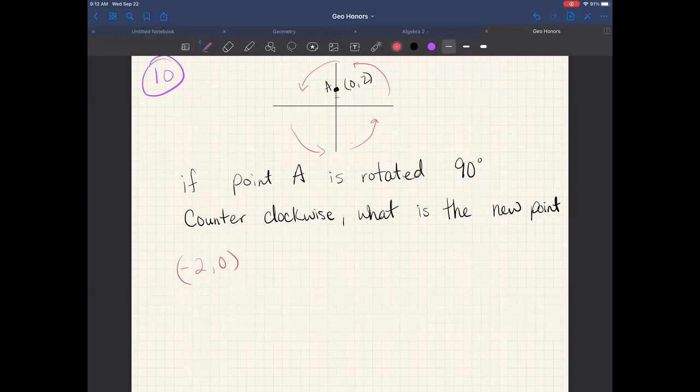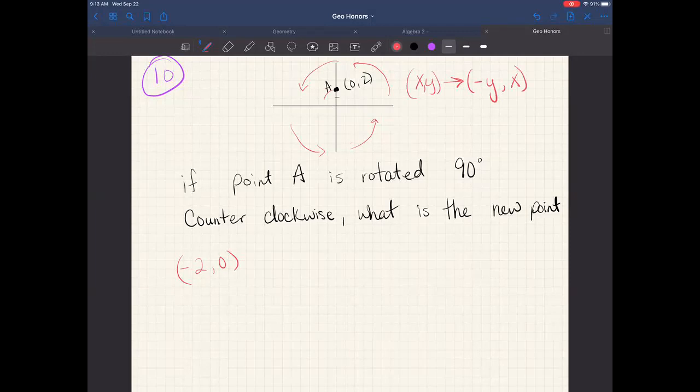Again, when you rotate it 90 degrees, remember that your X and Y, the rule is your X comma Y becomes -Y comma X. There is a delay with my writing, but there it is.